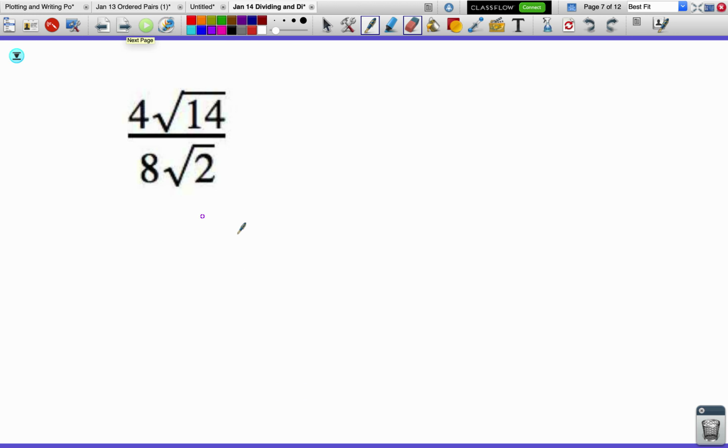All right, so that will work on a problem like this to help simplify things. So what I want to do here is separate the division of these coefficients, so the 4 over 8, and then the square root of 14 over the square root of 2 becomes the square root of, so single big square root of 14 over 2.